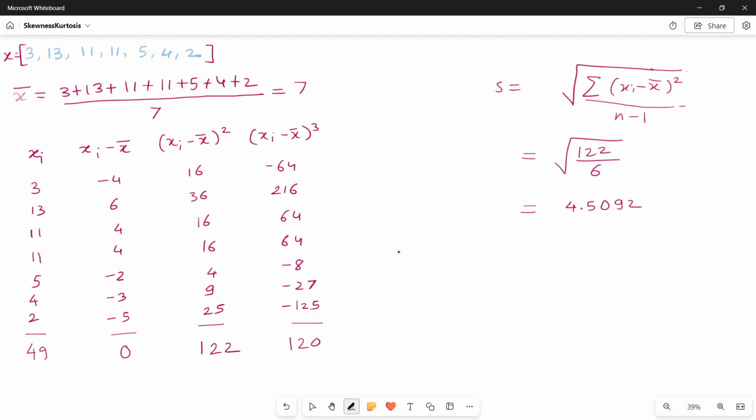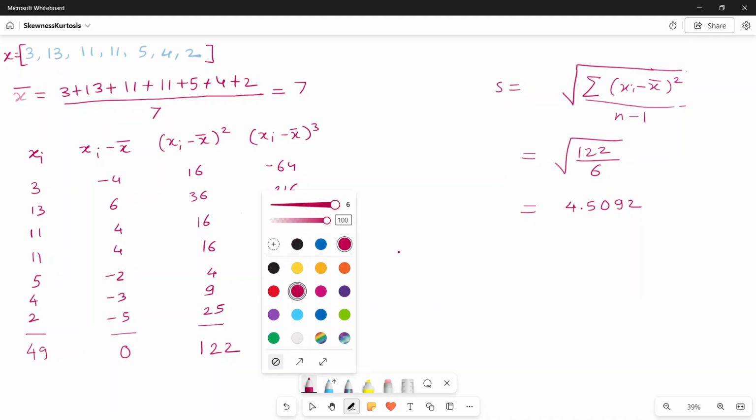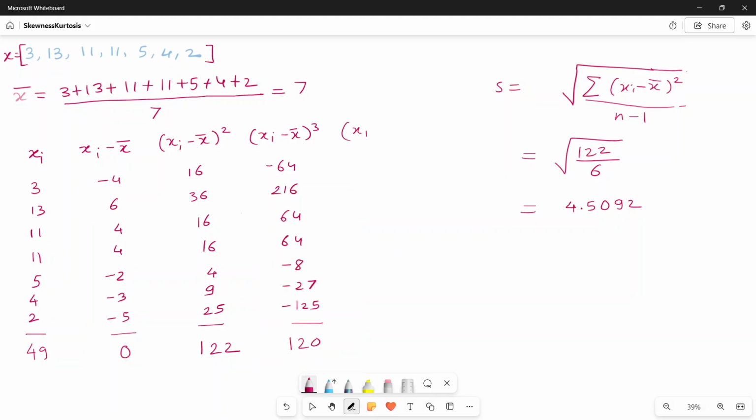Okay, so let's add a column, which is xi minus x bar raised to 4.